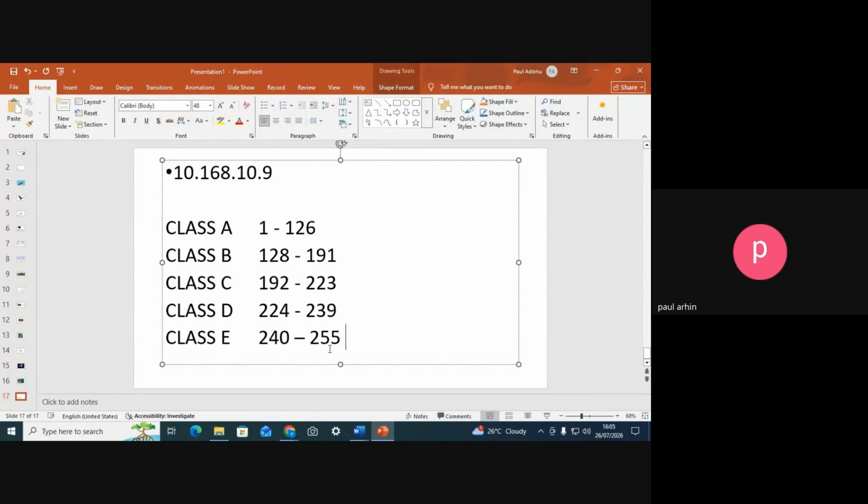And this one too is not used in networks. It is used for experimentation. So these two classes are not usable in networks, but they are available for a different reason and purpose.